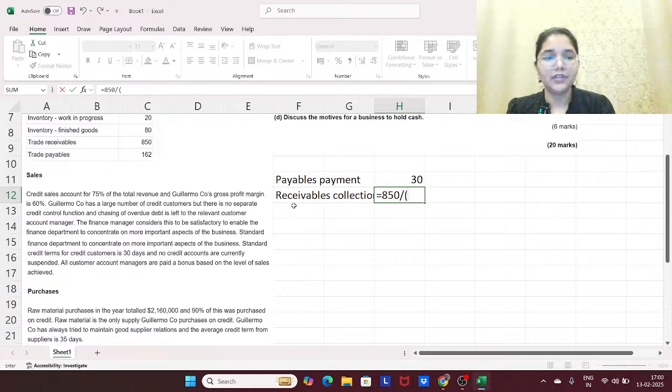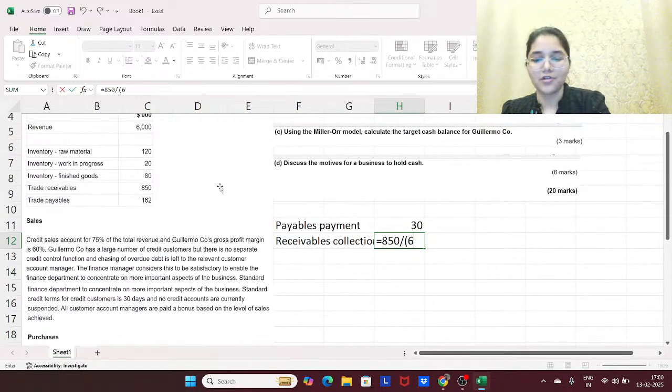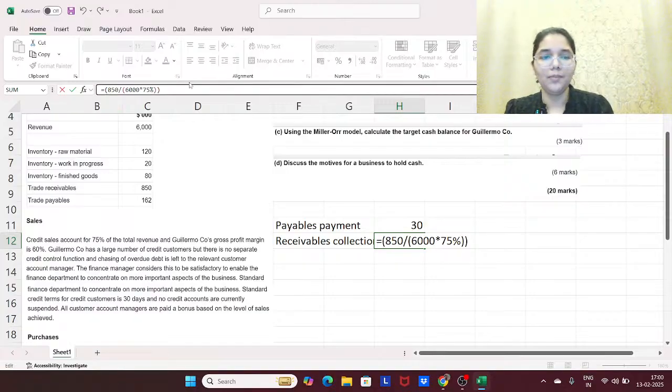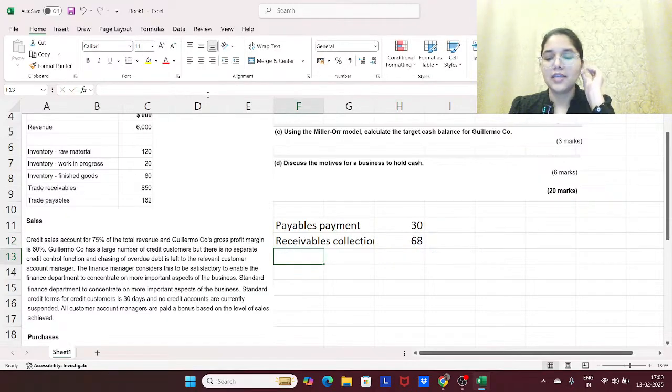We are given the total revenue of 6,000 and we are told that out of this revenue, only 75% of our customers are credit customers. So, again you will put whole brackets and this needs to be multiplied by 360. So, this gives you 68 days. That means you are taking 68 days to collect payments from your customers.